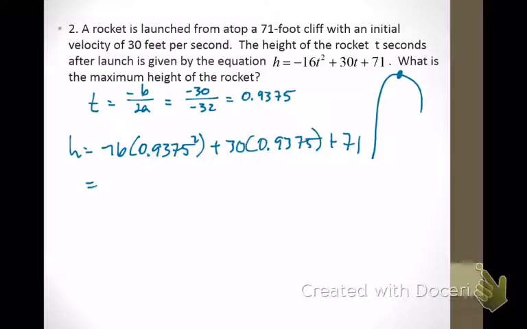We're going to square 0.9375 and multiply by negative 16 to get negative 14.0625. Then we're going to add 30 times 0.9375 to get 28.125, and then add 71 to it.